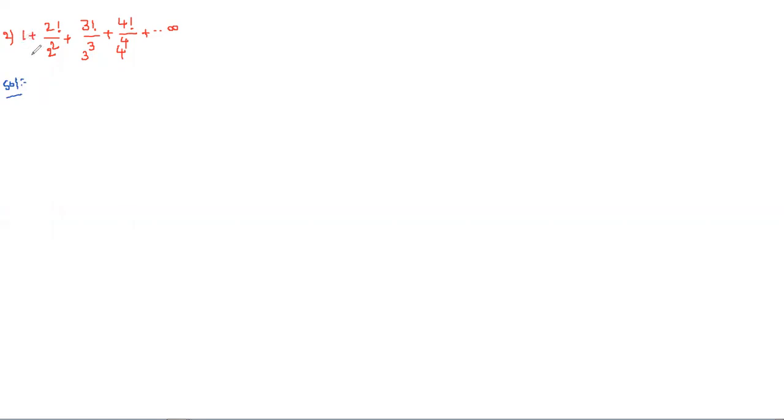So if you observe, how can you write this one? 1 factorial by 1 power 1 plus 2 factorial by 2 square plus 3 factorial by 3 cube, plus 4 factorial by 4 power 4, and so on.